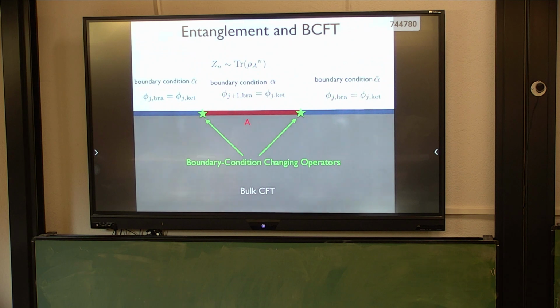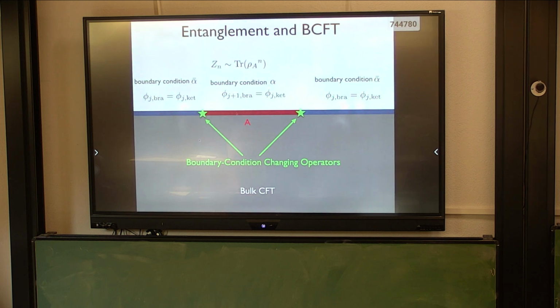Then on the blue region, outside your region, you first take the trace. Taking the trace means that within each replica, the ket field is just connected to the bra field. So we have a boundary condition like this: phi j bra is connected to phi j ket in the blue region.